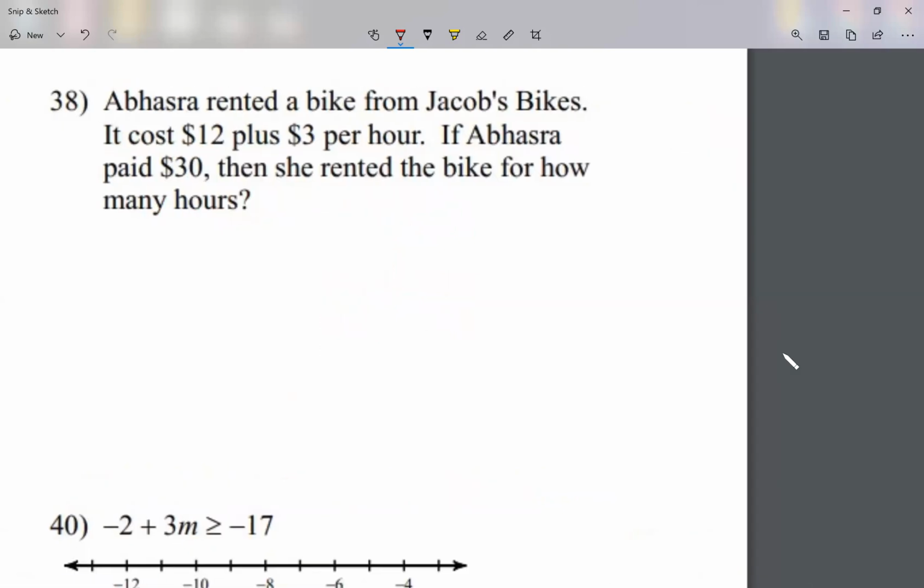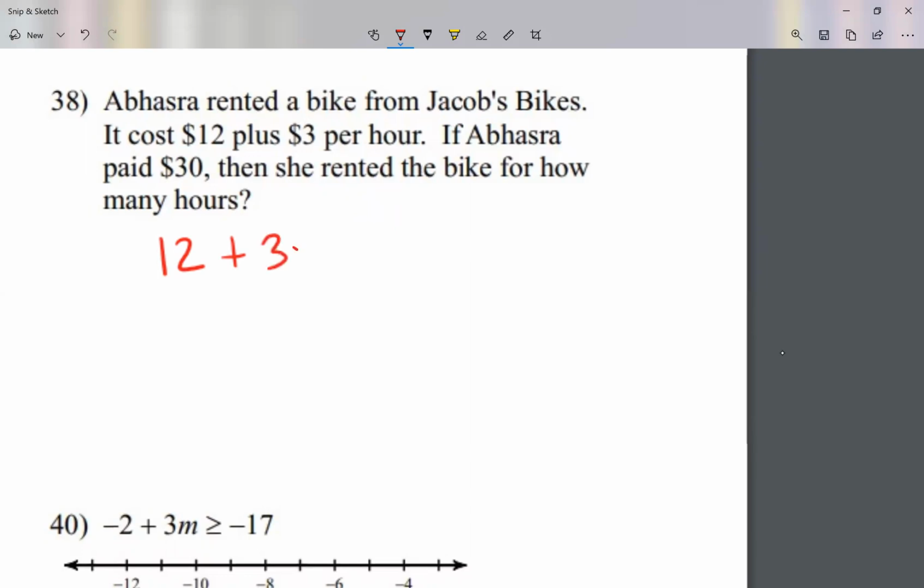Now here, Hasra rented a bike from Jacob's Bikes. It cost $12 plus $3 per hour. Okay, so let's take a look at this. So far I have $12, I guess, for some paperwork. Sometimes when we rent something, we have to pay for paperwork. So $12 plus $3 per hour.